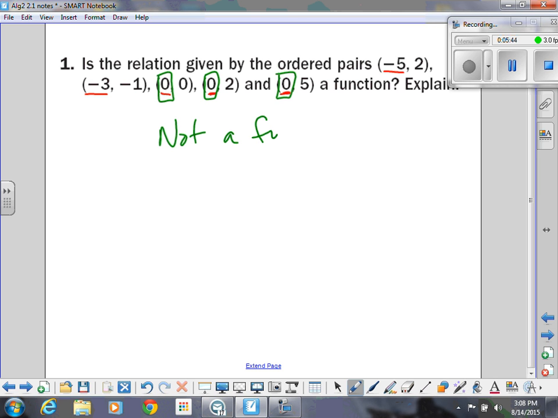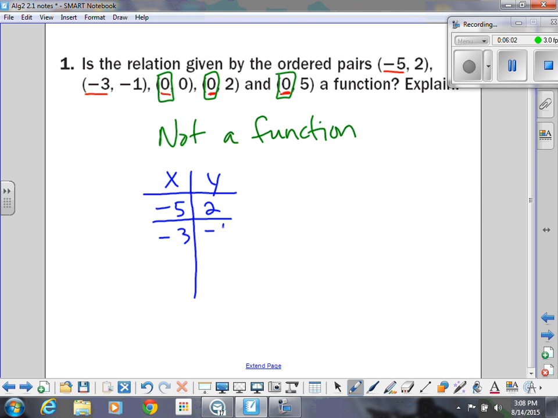If you're having trouble with that, you can also put it in a table. So you could say that these are the x values, these are the y values. This is -5, 2; -3, -1; 0, 0; 0, 2; and then 0, 5. So you can see right away that 0 has different outputs.